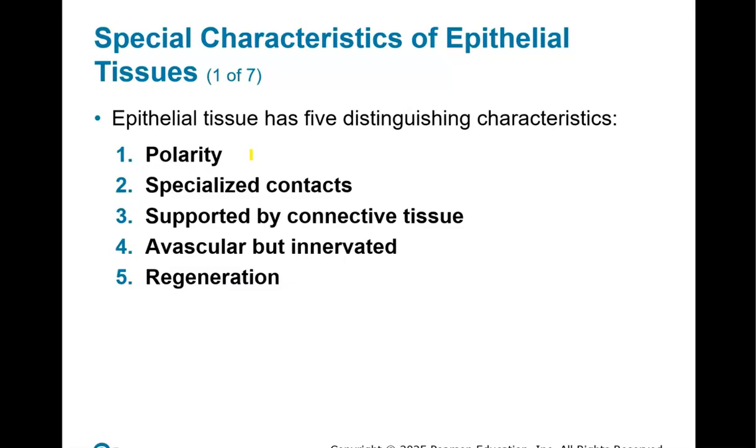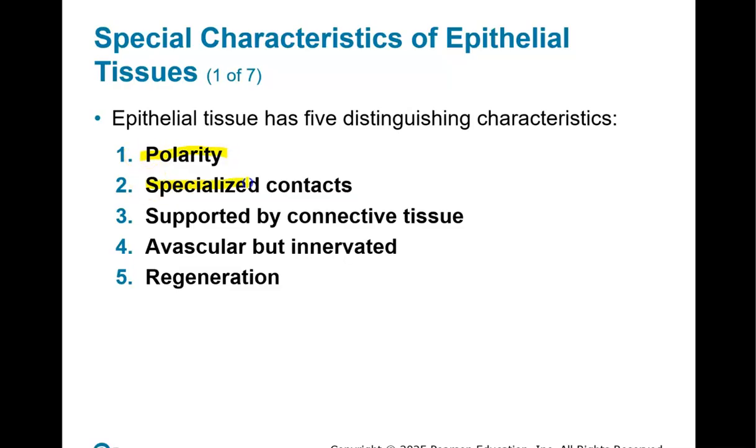Also, since the epithelial tissue is formed from cells that are packed tightly together, they're also connected with one another through specialized cell junctions or specialized contacts. Epithelial tissue is supported by connective tissue, below the epithelial tissue.